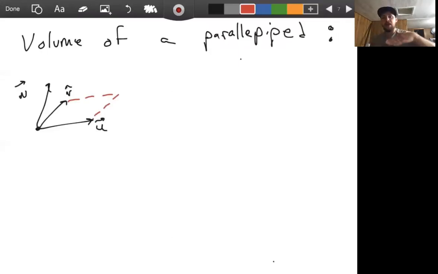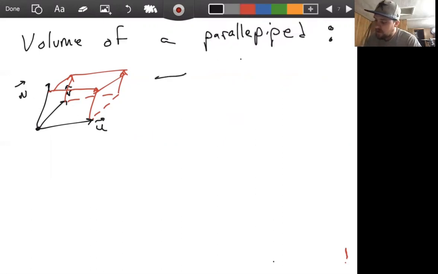So its base, like a slice, if you took a slice out, it would be a parallelogram, right? Just like we're doing with u and v in 2-dimensional space, but now we extend that along the vector w. So we're going to take a copy of w at each vertex of the parallelogram, right? And then we kind of connect the dots here. And what we have is a 3-dimensional parallelepiped, which again, would be like a slanted cube if you need to picture it.